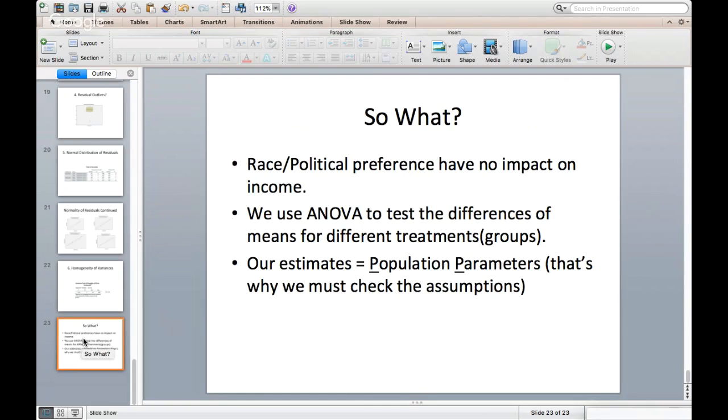So what does all this mean? Basically, for my study, race and politics had no effect on income. Overall, we use ANOVA to test the differences of the means for different treatment groups.